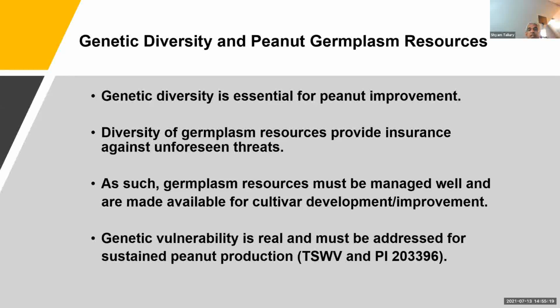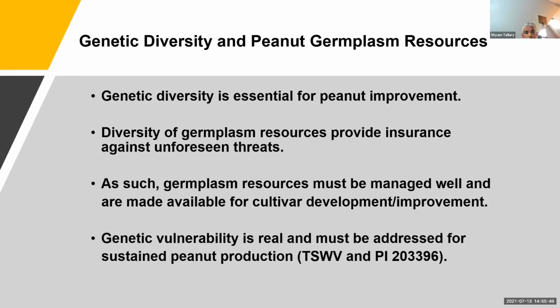As we heard in the previous talks, the stenosperma or the batizocoi or other wild species accessions have the genes for resistance. That's the useful genetic diversity. A lot of times there is diversity, but it may not be really useful in a breeding program. Genetic vulnerability is real and must be addressed for sustained peanut production.